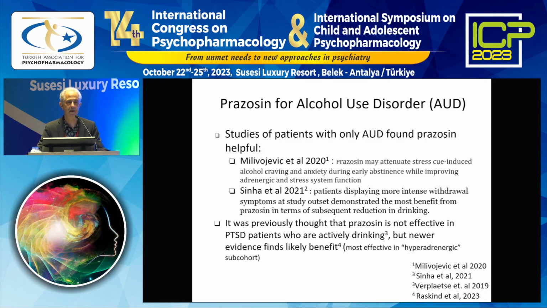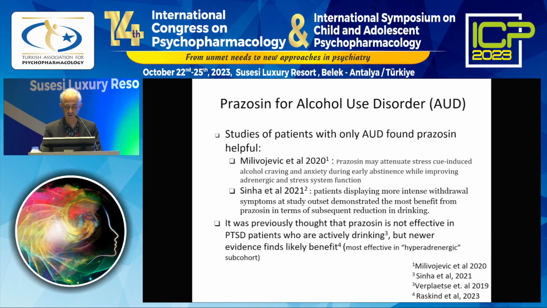That's a group that may respond to their alcohol use disorder with the use of prazosin. And then another study found that patients display more intense withdrawal at study onset. The ones displaying more intense withdrawal demonstrated the most benefit from prazosin in terms of reduction in drinking. So prazosin is a particularly interesting option, even if there's comorbid drinking.